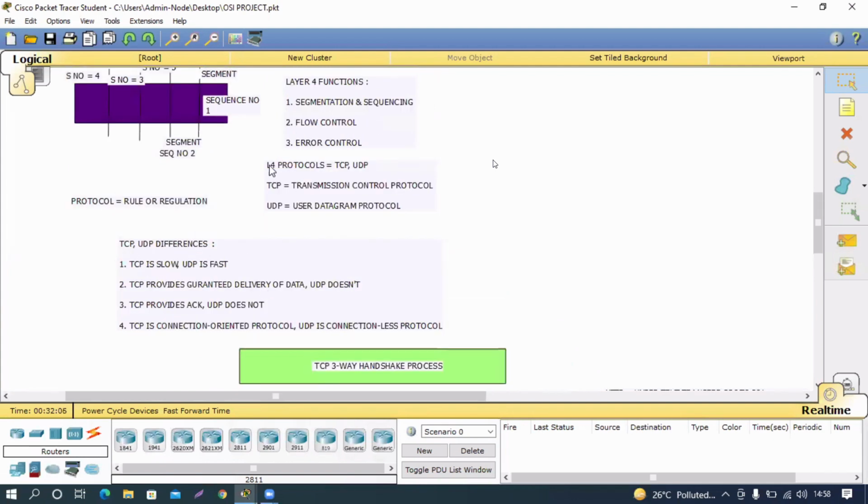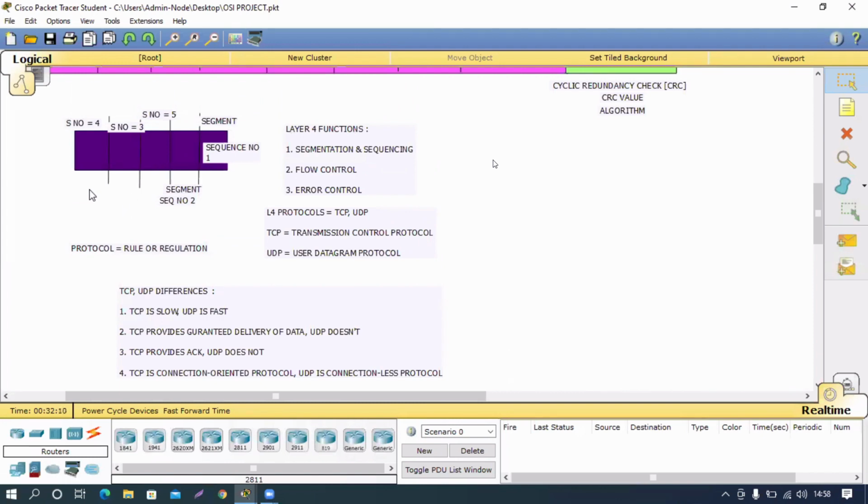So the main function of your TCP is what? It divides this entire big packet, big information, into small pieces. These are basically called segments. Every segment is given a sequence number.